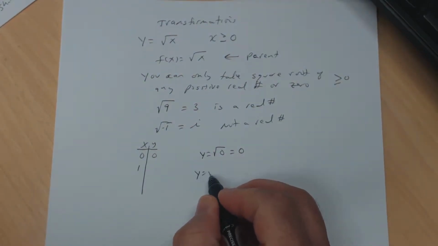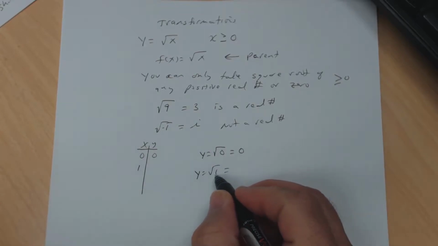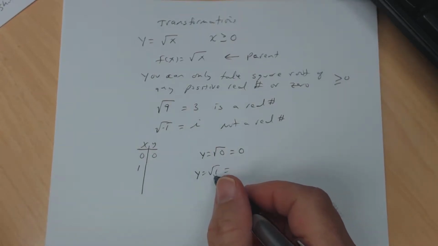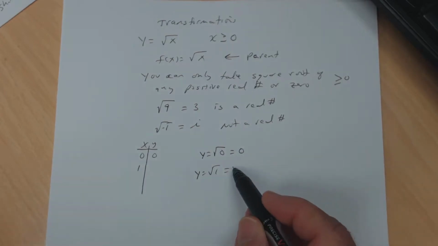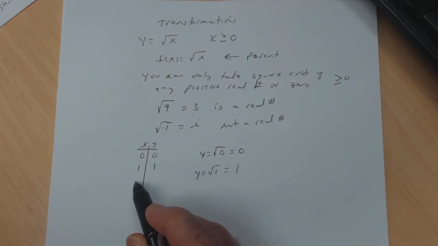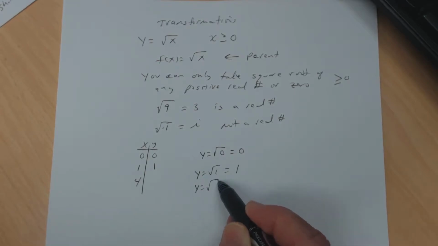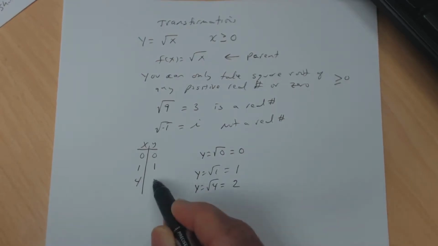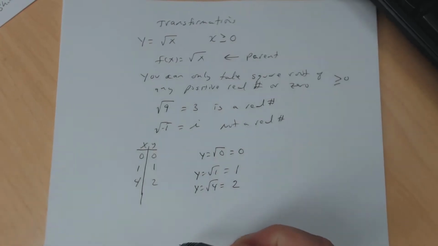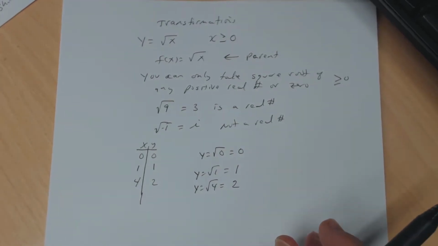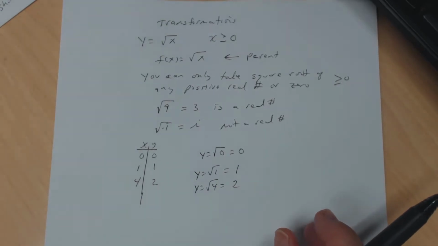I get y equals the square root of 1, which is a nice number, because remember we said let's use a perfect square, and 1 is a perfect square, so the square root of 1 is 1. Let's use another perfect square, so let's say 4. Y equals the square root of 4, which is 2. And let me go ahead and get some grid paper just to kind of show you what's happening at this point.